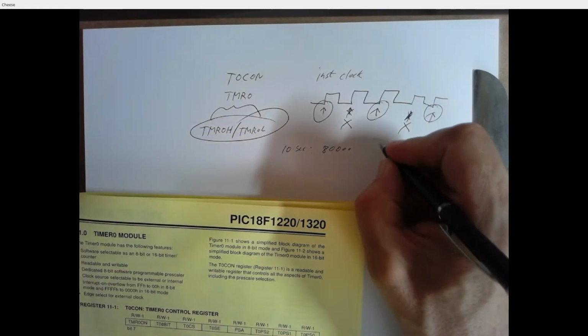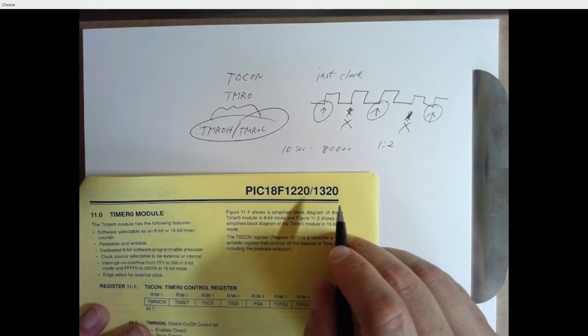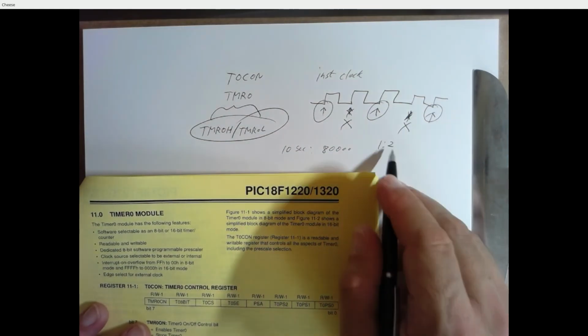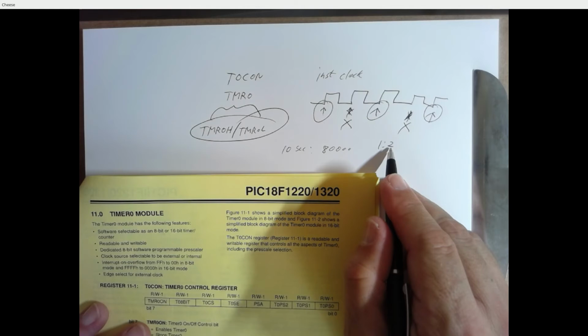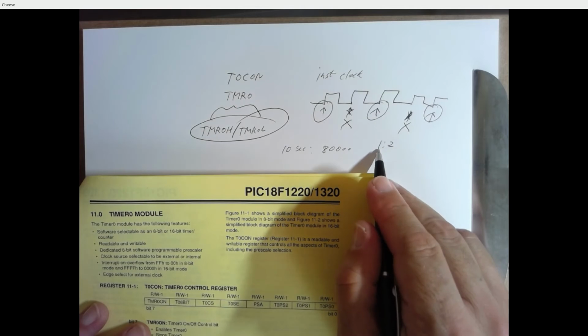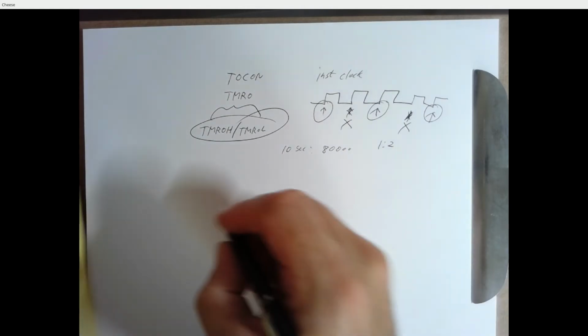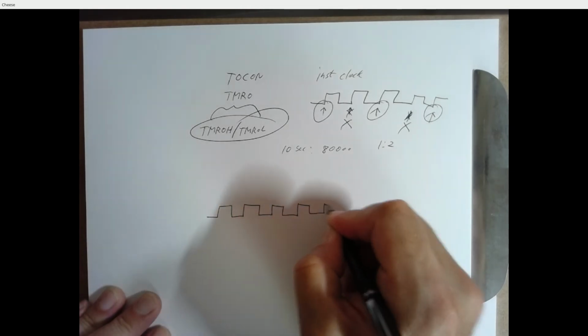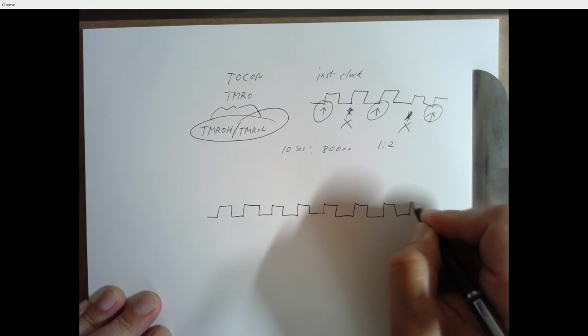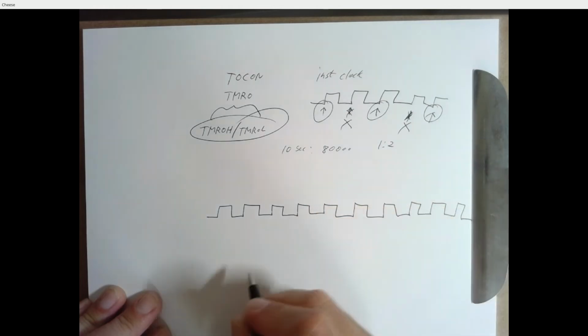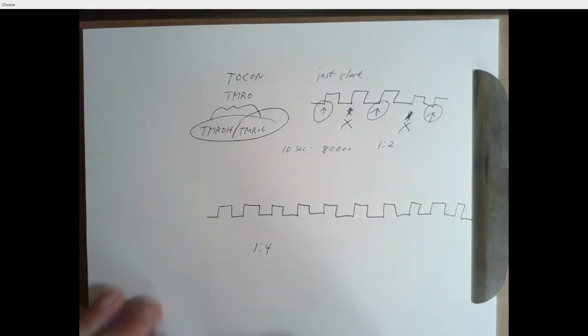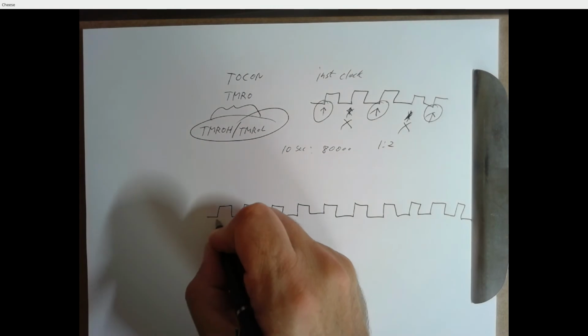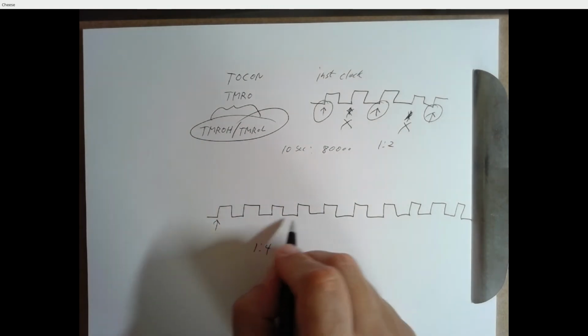So what does that mean? Well, this is a 1 to 2 prescaler. Basically it means that you need 2 instruction clock ticks before we increment timer 0 once. Now, if this is our instruction clock, and we set a prescaler of 1 to 4, it means we need 1, 2, 3, 4.